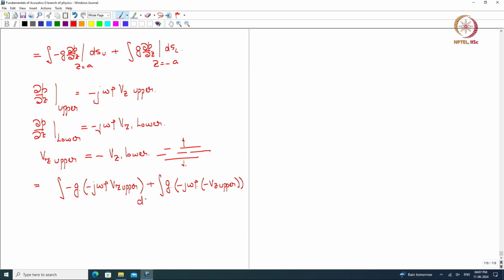And dsu and dsl, the area is actually the same. Okay. So, if we now look at this, I have two negatives. So, I get integral over the same area of the radiator twice G j omega rho V Z upper ds.